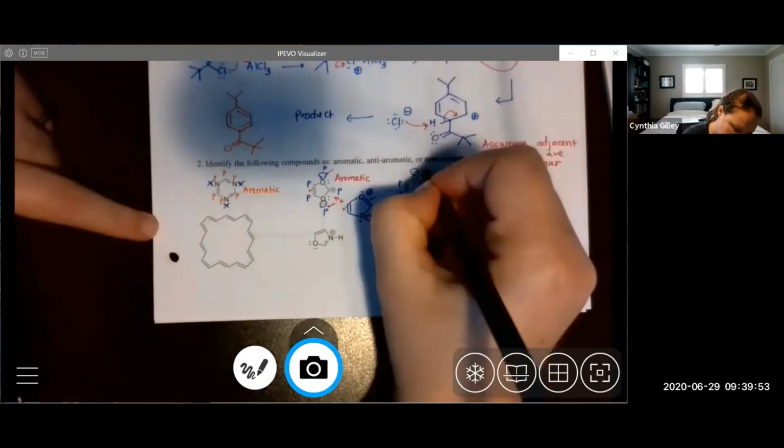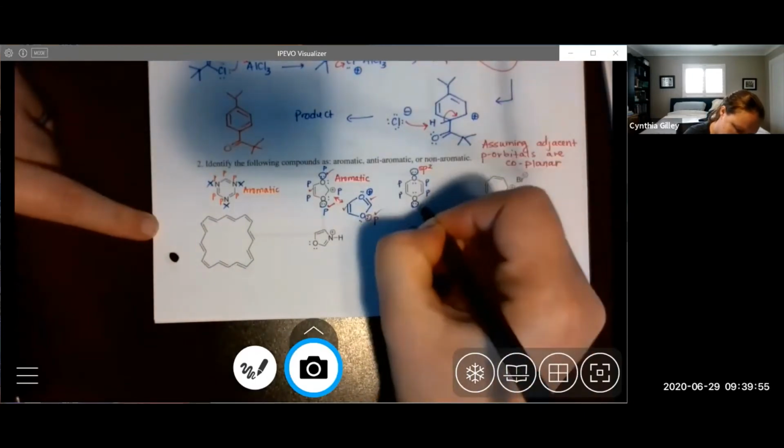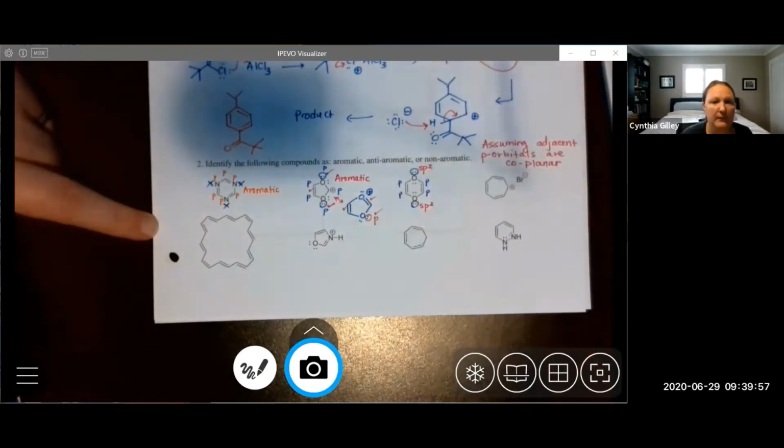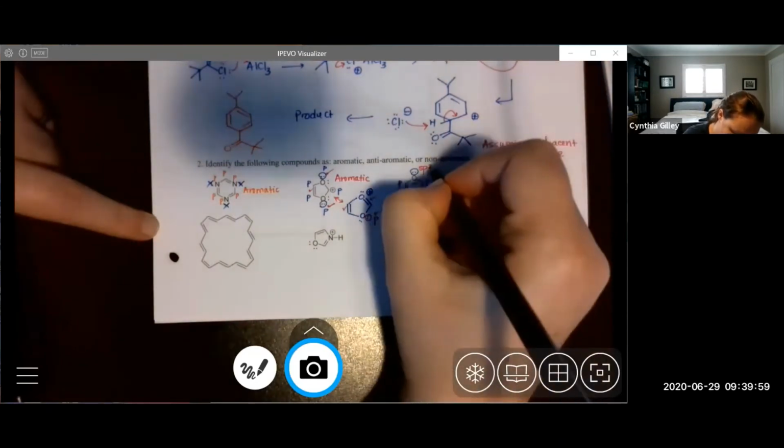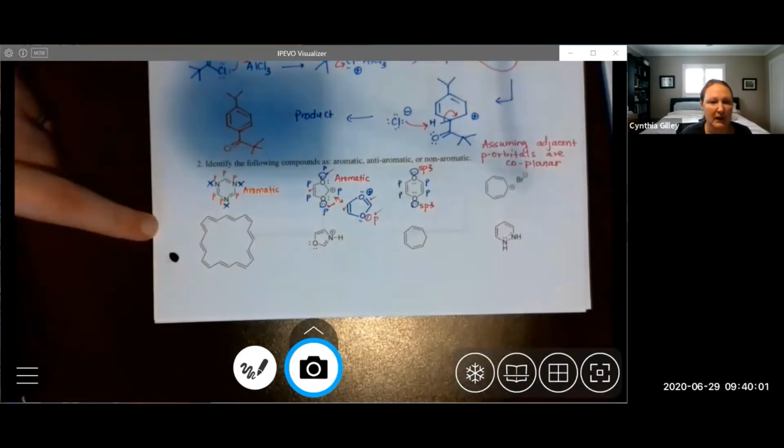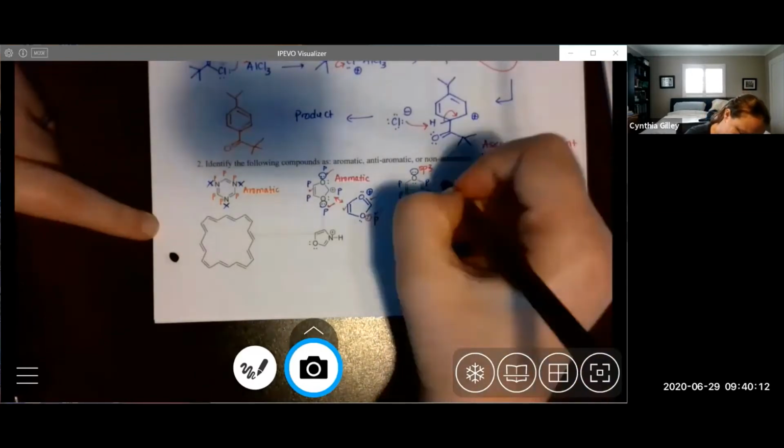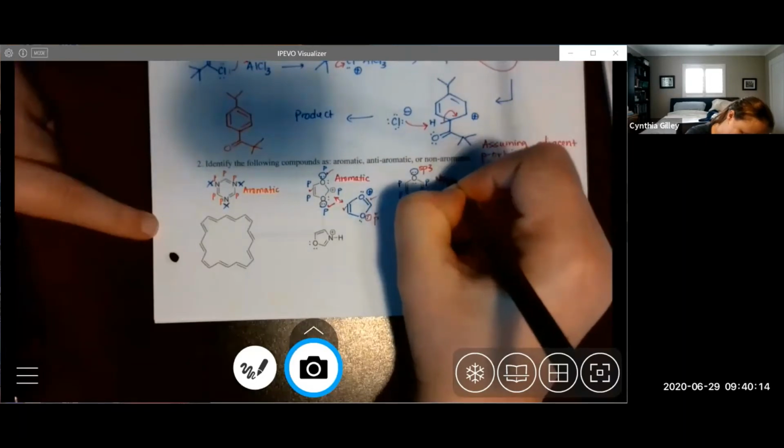They will go into sp2. Sorry, sp3 hybridized orbital. And that would mean that there is no p orbital at those oxygens, which would mean it cannot be aromatic or anti-aromatic. Instead, it's going to be non-aromatic.